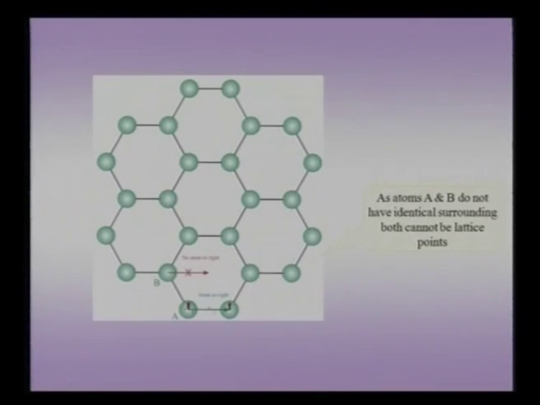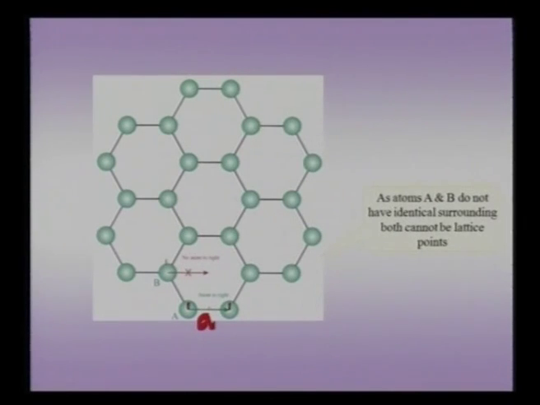For instance, suppose this is my carbon-carbon bond distance and I call it A. Clearly there is an atom to its right at a distance A. Now suppose I consider an atom B, then I clearly see there is no atom sitting to its right. So the environment of point A is different from the environment of point B.